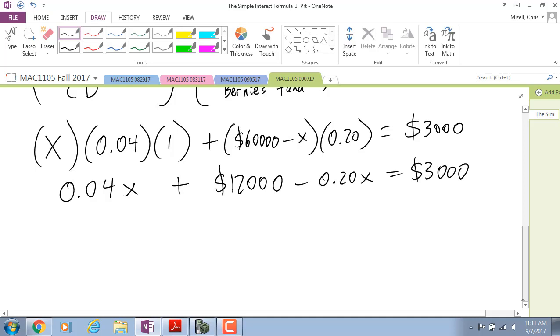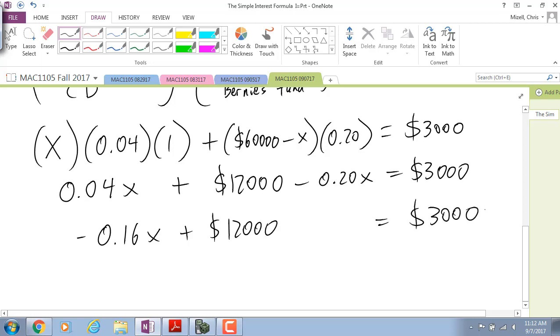Negative 0.20, positive 0.04. The negative 0.20 is greater. So when we add these, it's going to take that sign. It's going to be negative. And the difference is 0.16. So negative 0.16x plus $12,000 equals $3,000.